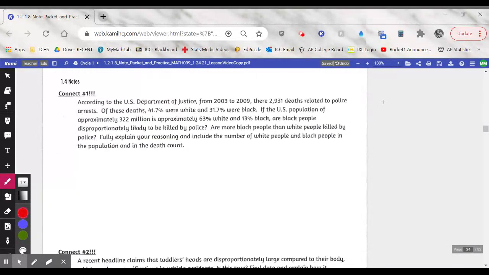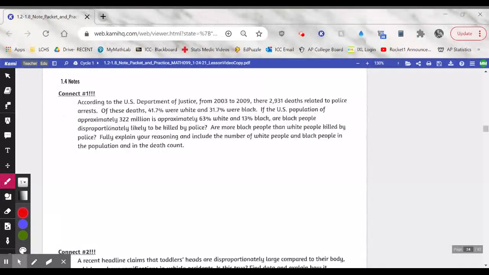So, for this question, it says, according to the U.S. Department of Justice, from the year 2003 to the year 2009, there were 2,931 deaths related to police arrests. Of these deaths, 41.7% were white and 31.7% were black.